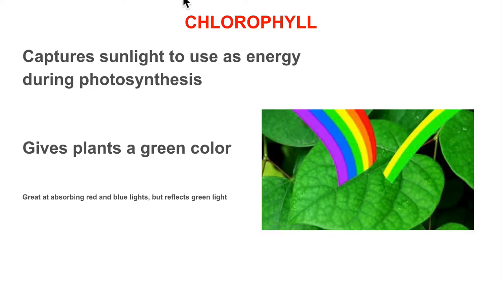All right, the next word is chlorophyll. Remember, chloro means green, and then fill. This is the green stuff that fills up your chloroplast. So chlorophyll is what actually captures the sunlight, or that energy from the sunlight, and it gives plants that green color. And it does that by absorbing all of the colors except for green.